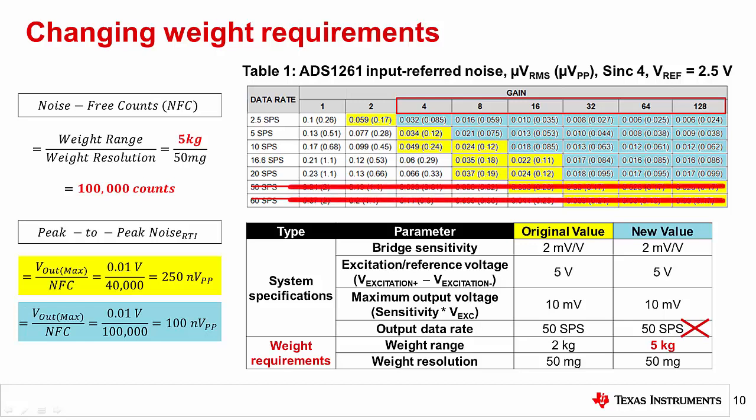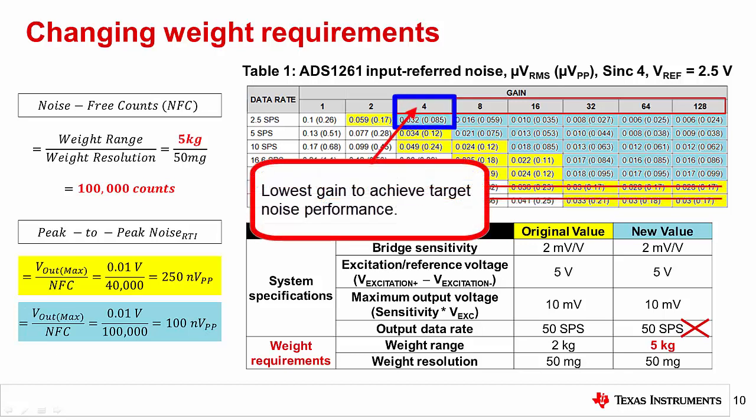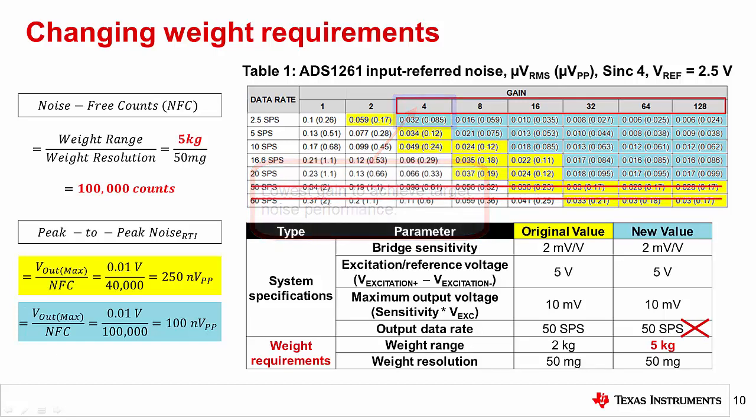For example, now you couldn't sample at the desired output data rate of 50 samples per second, and you would need at least a gain of 4 volts per volt at any data rate to achieve the requisite noise performance. Most importantly, however, this information would not be easy to determine with relative parameters. Using relative parameters would require the multiple calculation steps described throughout this presentation.